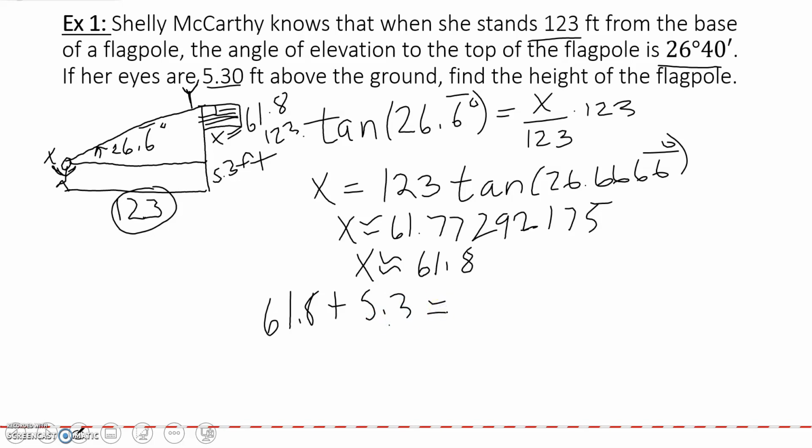If you add those two together, you get 67.1 feet. So the height of the flagpole would be 67.1 feet. Alrighty, that is how you solve that problem. If you have any questions about it, don't hesitate to put them in the comments below and I will respond. Let's look at another one.